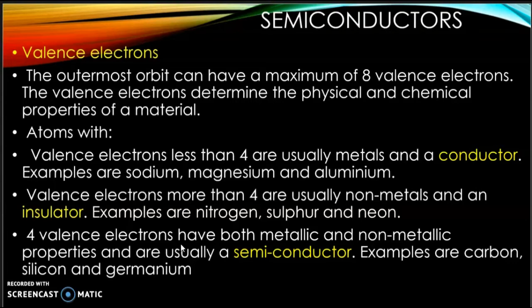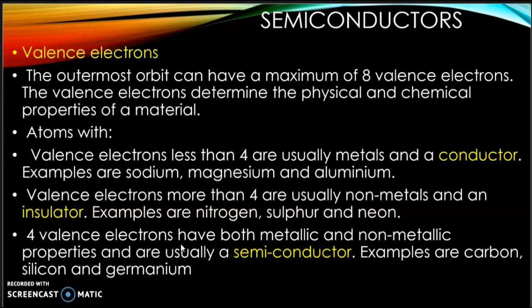But whenever the number of electrons on the valence orbital is exactly equal to 4, then the conductivity or the ability of this material will lie between a metal or a conductor and an insulator.